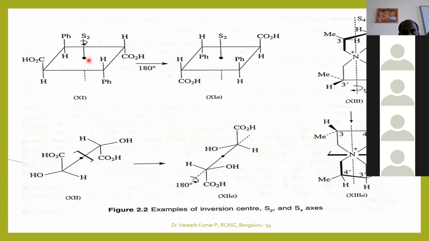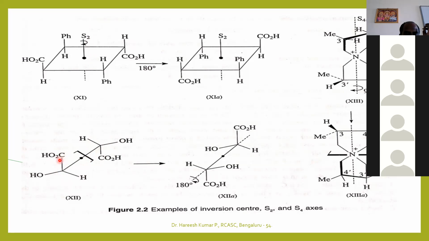So this moiety exhibits an improper axis of symmetry of S2. It's called S2. Similarly, this is one more moiety I am taking. Of course, this is a method of representation, Sahar's method. I will discuss more about this in later slides.